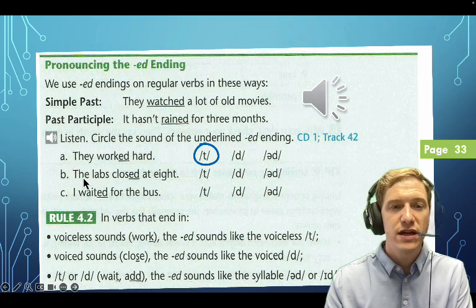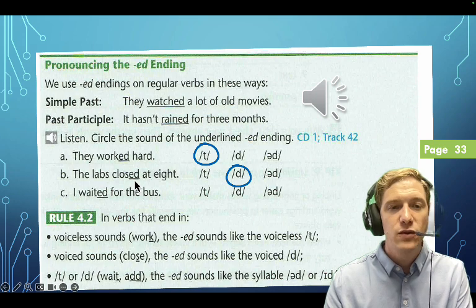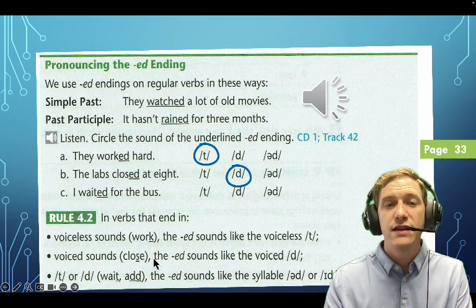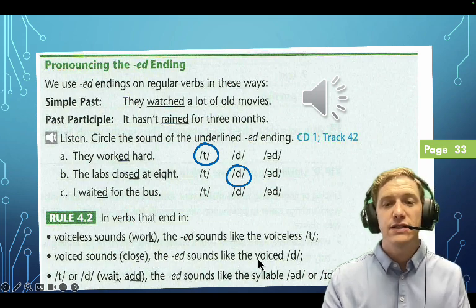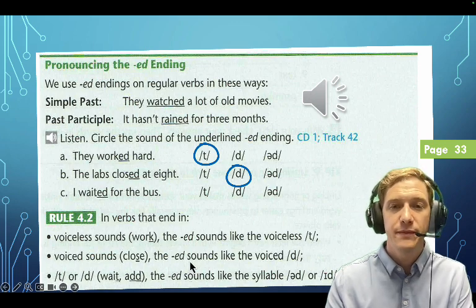Okay, look at letter B. The labs closed at 8. What sound does that ED make? It makes a D sound. Closed. So we have a voiced sound here. Close, and then the ED is added and it sounds like a voiced D. Closed.